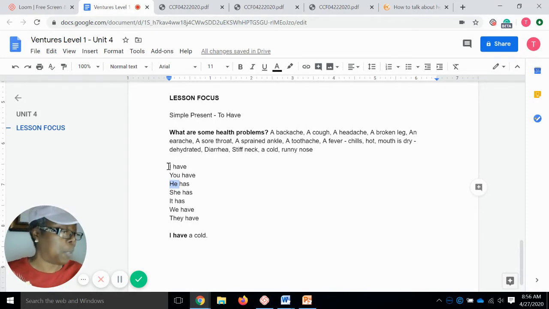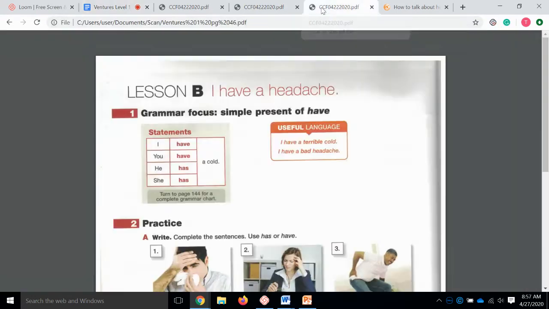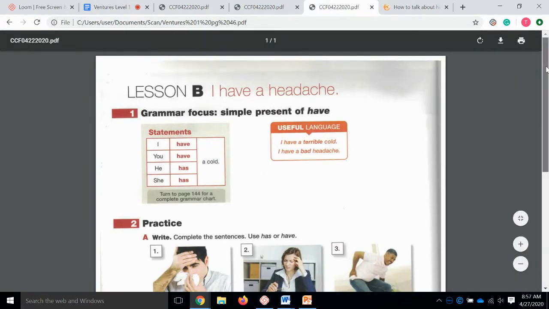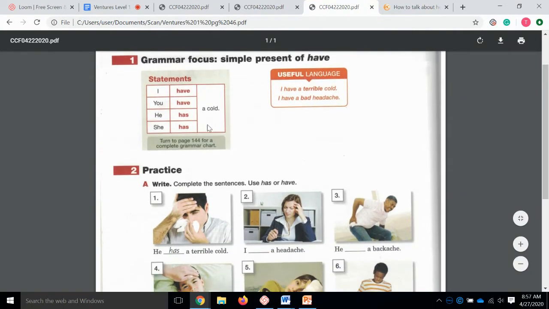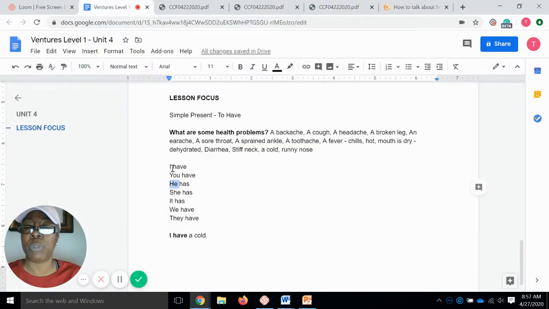So let's go through. First, turn to page 46. I'm so sorry. Turn to page 46 in your workbook. Page 46 will look like this. I have, you have, he has, she has, and if we come back over here, I kind of go through some more.